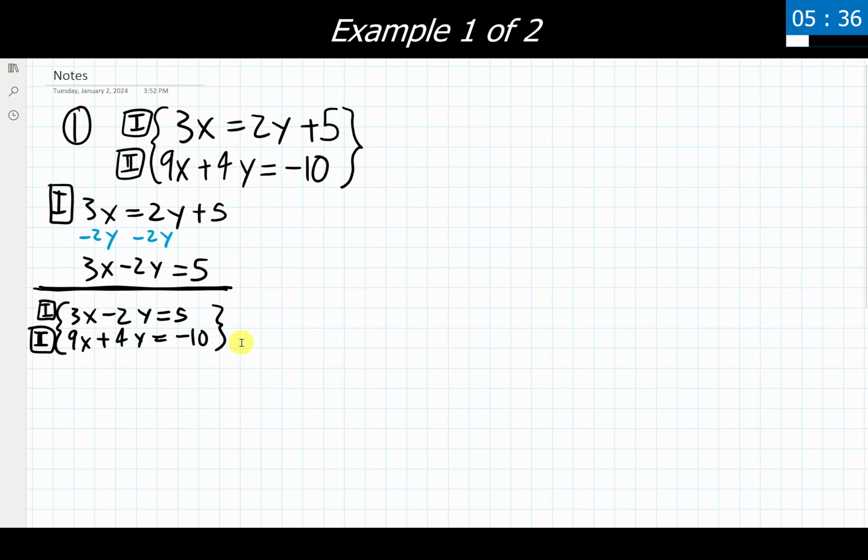So I am going to, in this case, elect to eliminate the y variables. The reason I am doing this is because I'm noticing one of my y variables has a positive coefficient, the other one already has a negative coefficient. So in terms of making these coefficients additive inverses, one is already positive and one is already negative. So some of that work is already done for me.